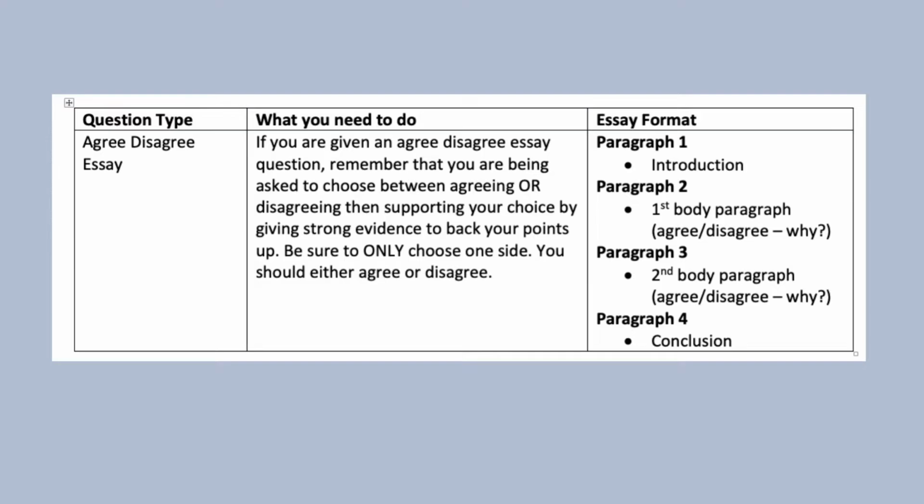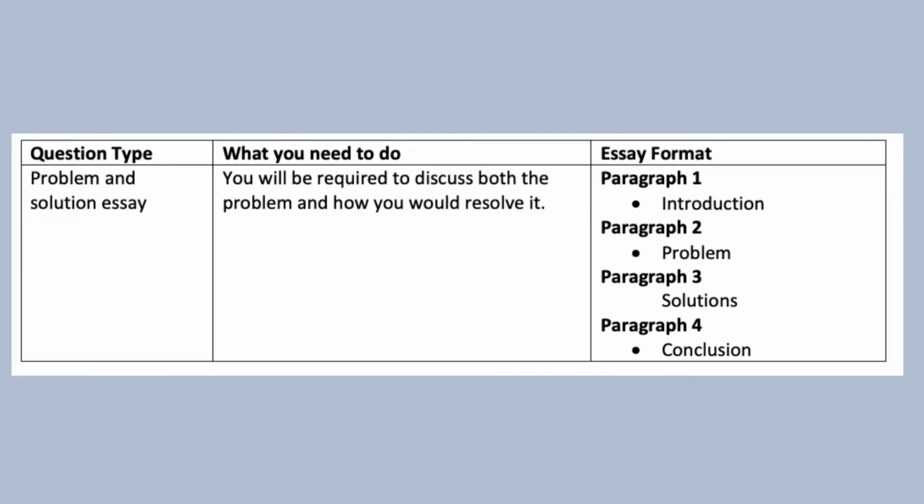So the next question type I have for you is the problem and solution essay. If you get a problem and solution essay, you will be required to discuss both the problem and how you will solve the problem. So this is the exact essay format you should follow for this question type.